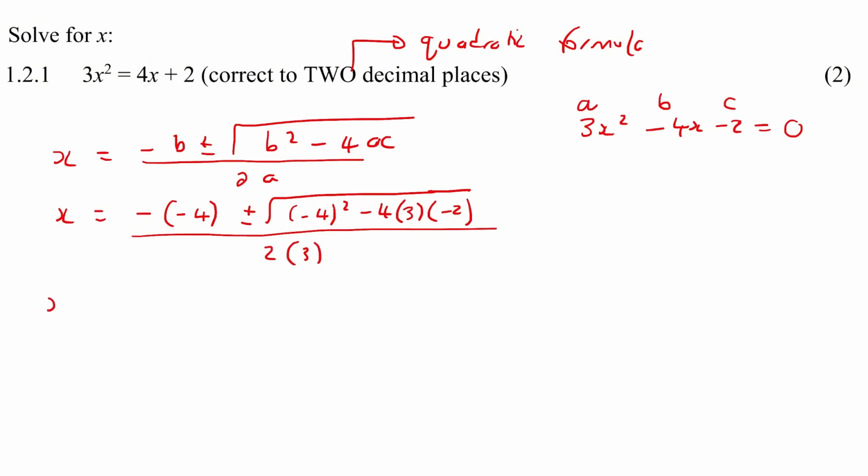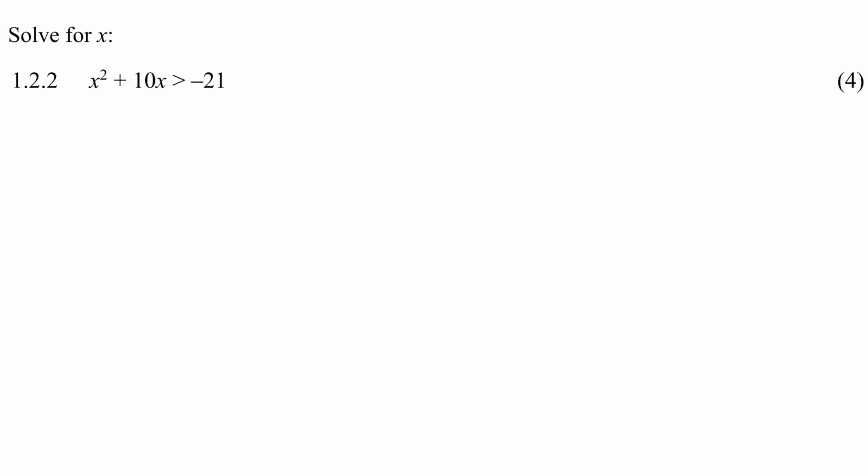The rest you can just type on the calculator. For the first part, I'm going to put a plus, and for the next answer, I'll put a minus. So to 2 decimals, you're going to get 1.72, and the other answer is going to be -0.39.